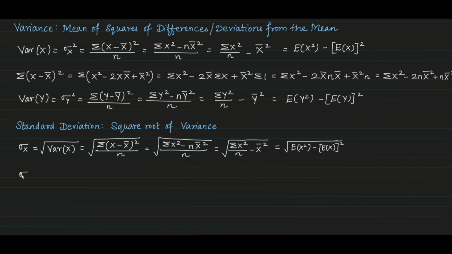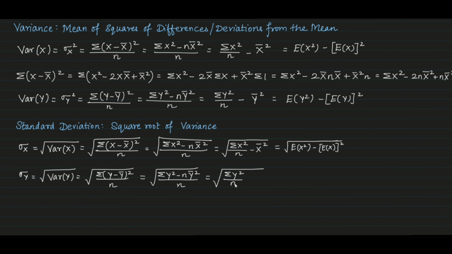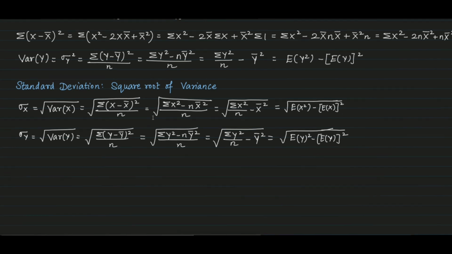Similarly, standard deviation of y is calculated as square root of variance of y, that is square root of summation y minus y bar the whole square by n, square root of summation y square minus n times y bar square the whole by n, that is summation of y square by n minus y bar square, which is the square root of expectation of y square minus expectation of y the whole square. Next we move on to covariance.